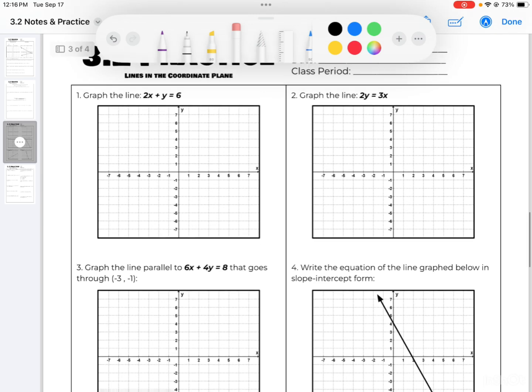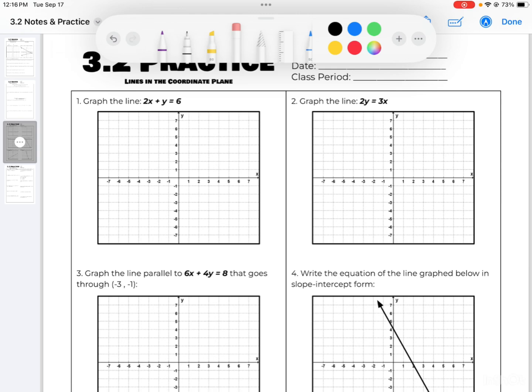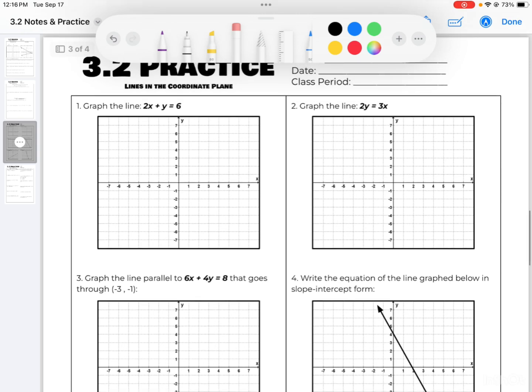So as we start this first one, it has to graph the line 2x plus y equals 6. Currently, this equation is in standard form, and I want to get this into slope-intercept form, which is y equals mx plus b. Right now I've got my x and y on the same side, and for this one, I want the x to be opposite of the equal sign.